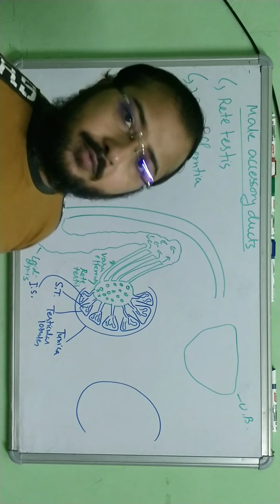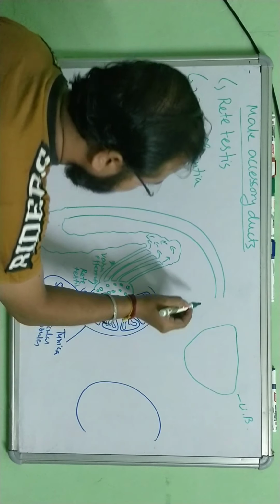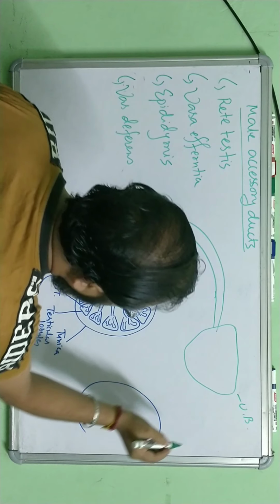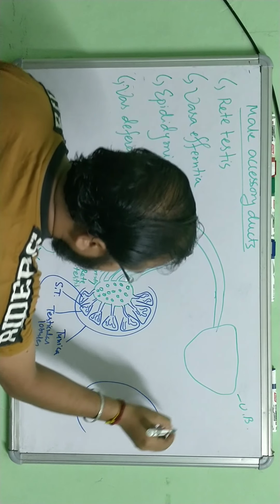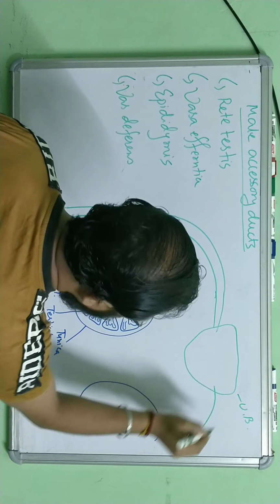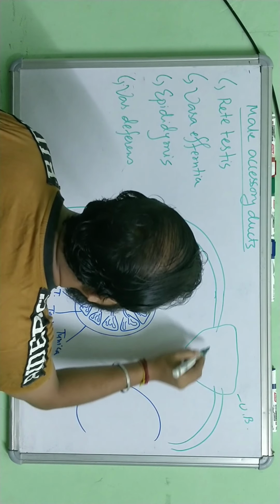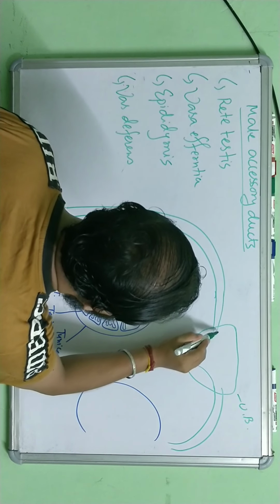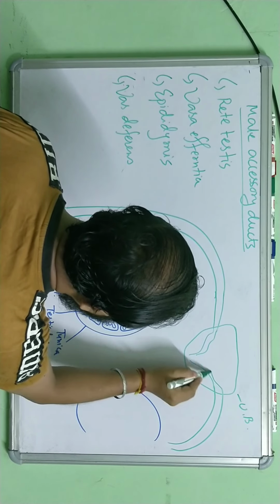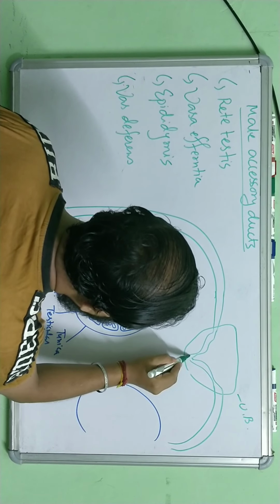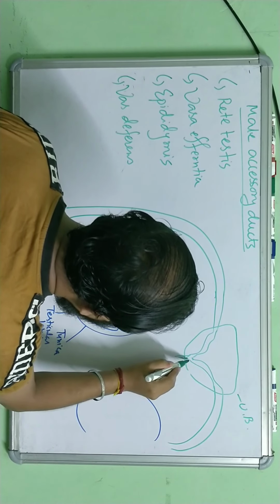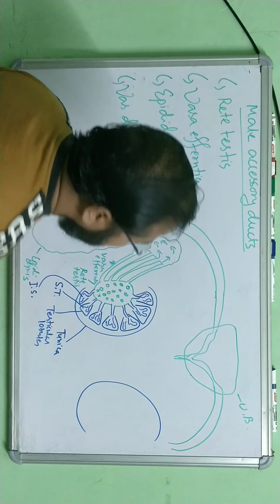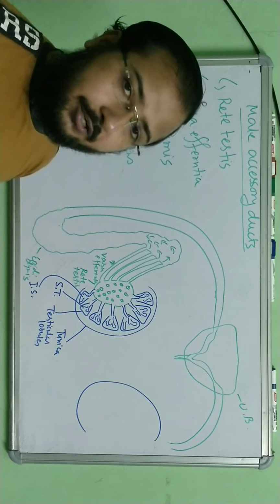Urinary bladder is not part of the reproductive system, but it has to be there to show the way the transportation takes place. Now on this side, obviously one more vas deferens comes and they move over the bladder. They move over the bladder and they join and come out as a single duct. Understood? Over the urinary bladder.